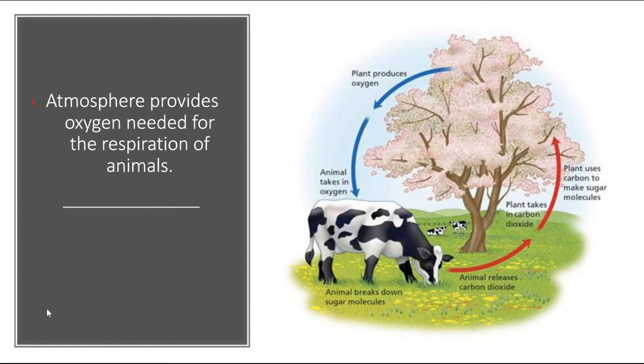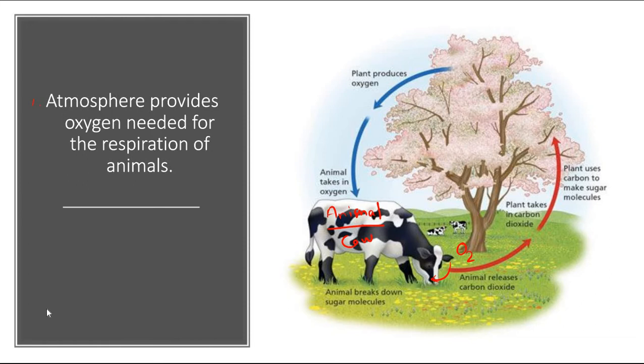So now this is an animal, a cow basically. Even though it's a cow, it can be a cow, a dog, a human. As long as it's an animal, we know animals breathe in oxygen. So why do they breathe in oxygen? So that they can function properly for their respiration inside the cells. They need this oxygen.